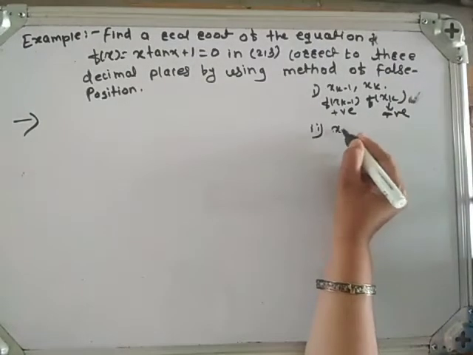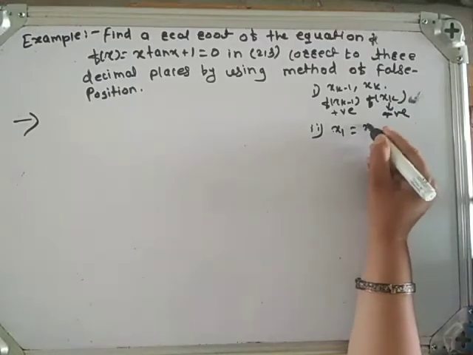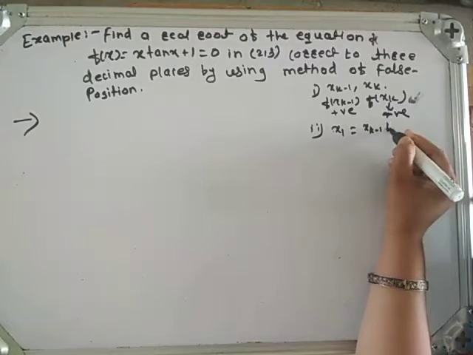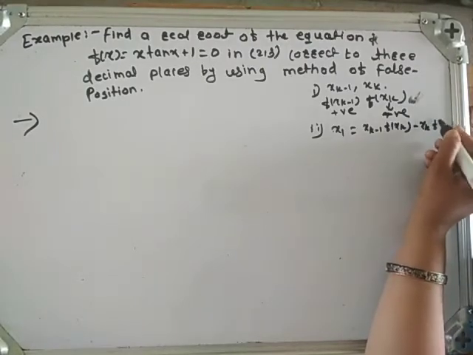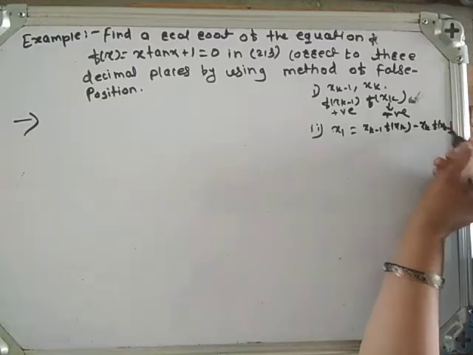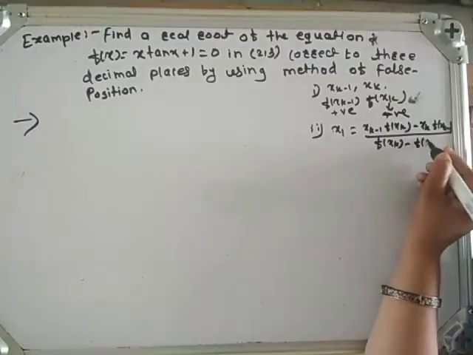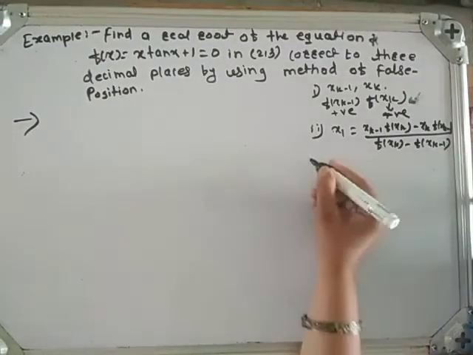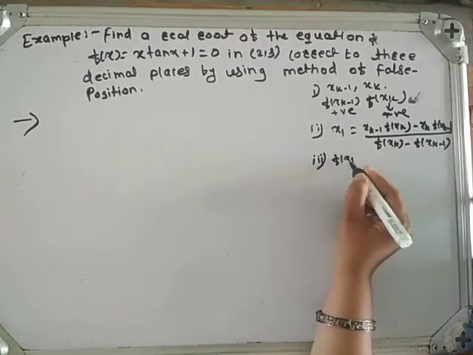In the second step we find the approximate root x1 = (x_{k-1} f(x_k) - x_k f(x_{k-1})) / (f(x_k) - f(x_{k-1})). The third step is to find f(x1).